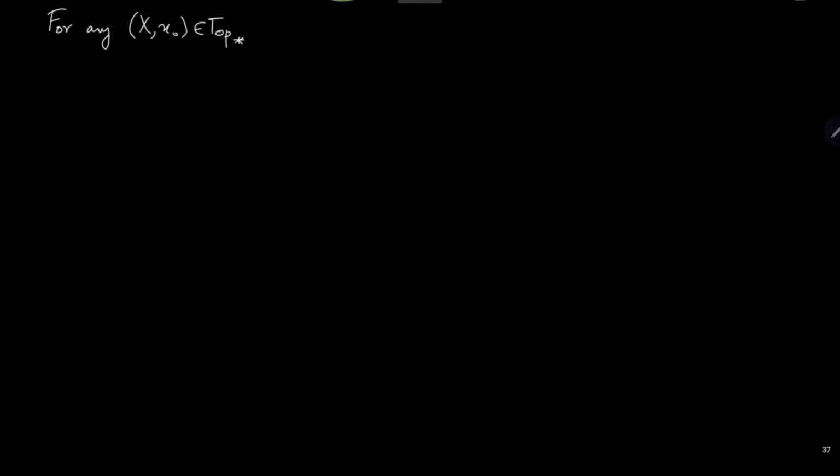This is sloppy notation. This is quite a sloppy notation, but you cannot be pedantic all the time. For any (X, x naught) in Top star, we have a group called pi1 of (X, x naught) in GRP.